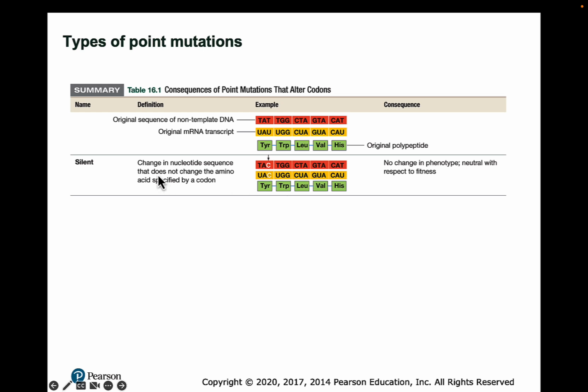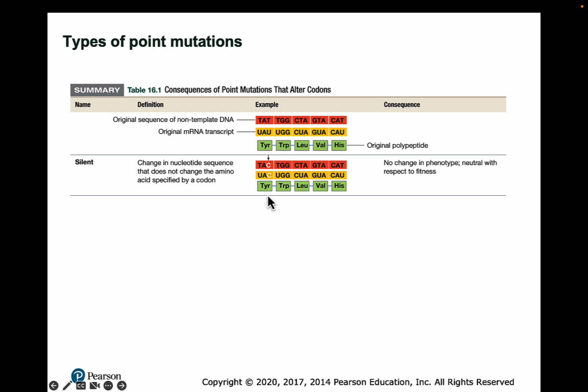But in this instance, let's imagine that we have a point mutation. We had a problem during DNA replication and a base pair mismatch, and this introduced a C instead of a T in the DNA. That C means that we're going to have now, and I think this should be a G, in that next position.